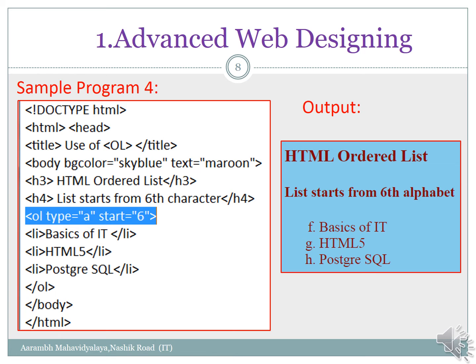For that, we use OL type equal to small a and start equal to 6. Type equal to small a means the list items are displayed in small letters, and start equal to 6 indicates that the data starts from the 6th character.